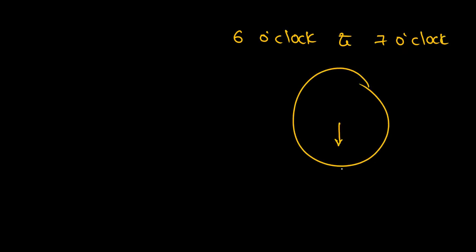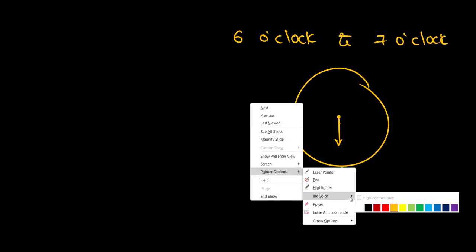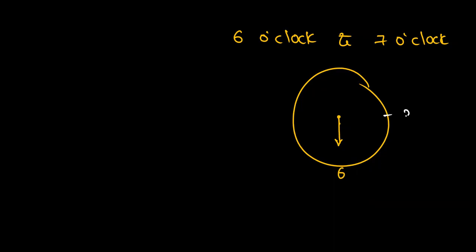Between 6 o'clock and 7 o'clock, my question is regarding right angles. Now, the best place for the minute hand to create 90 degrees is at 3. Whenever it is at 3, your answer should be 16 4 by 11. When it is at 9, the answer should be 49 1 by 11. Completed.